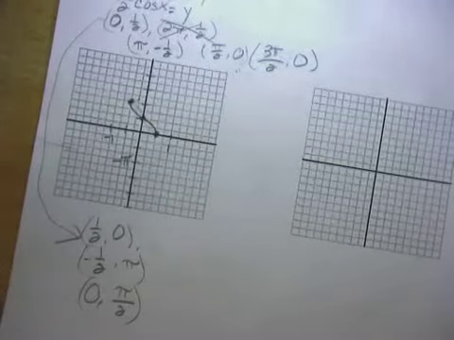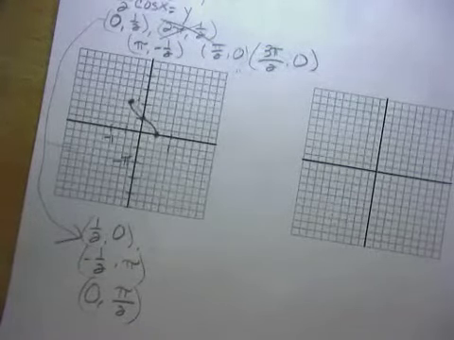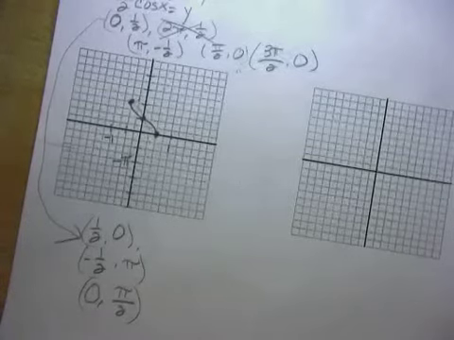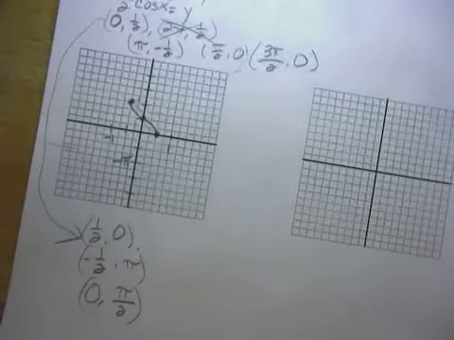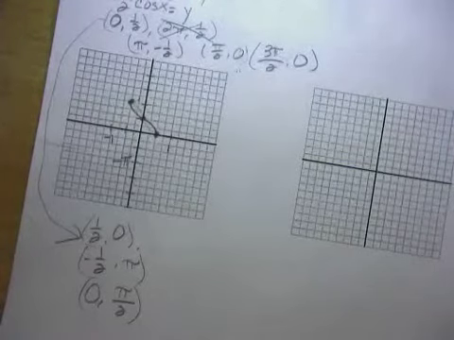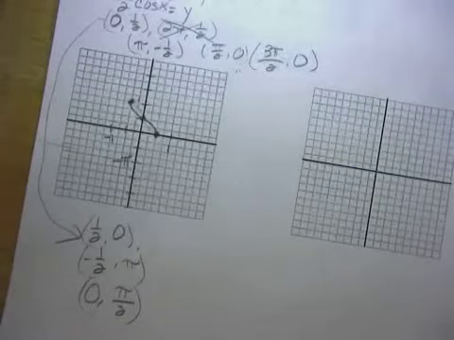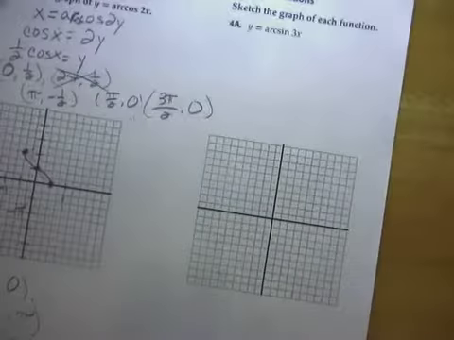Don't put arrows, because remember, we had to restrict the domain of our original graph in order to take the inverse of it. So no arrows. And that's it. Okay, so if you consider taking the inverse of it so that you can identify a few key points and then plot the appropriate ones on your graph, you should be in good shape.